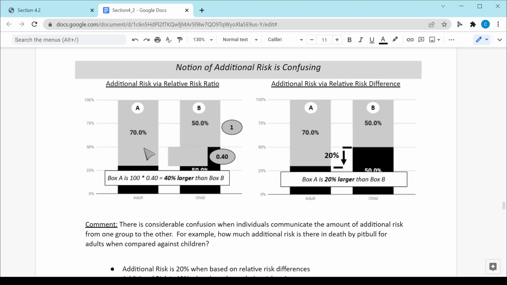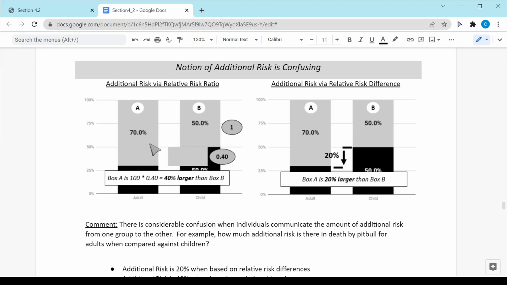So some people will take that extra 0.4, convert it to a percent, and say this box is 40% larger than this box. And when you're doing a relative risk ratio, that is a correct or okay thing to say. That box A is 40% larger than box B.